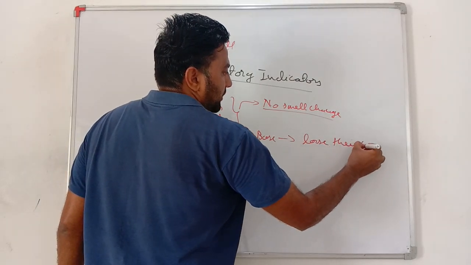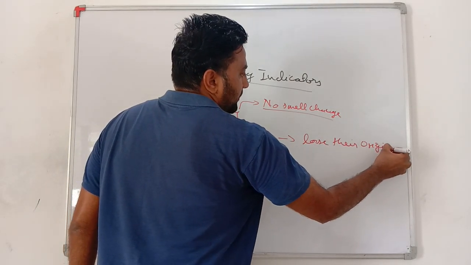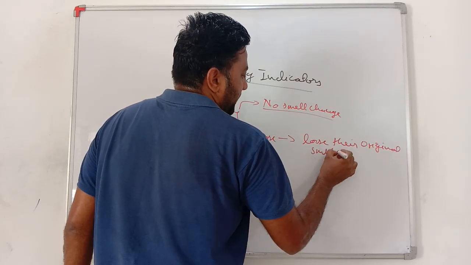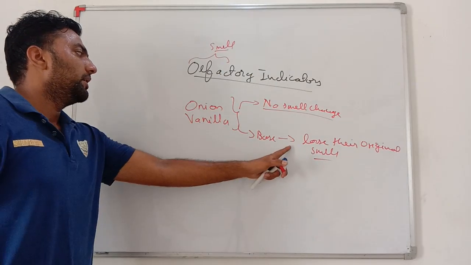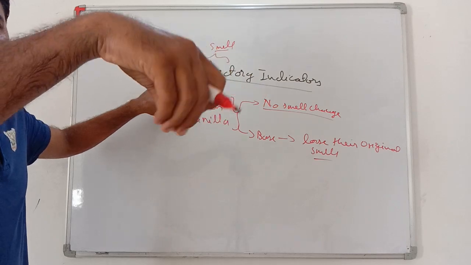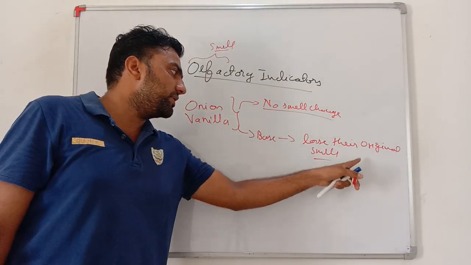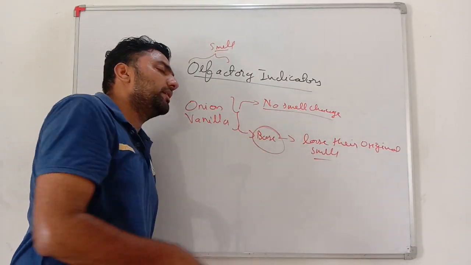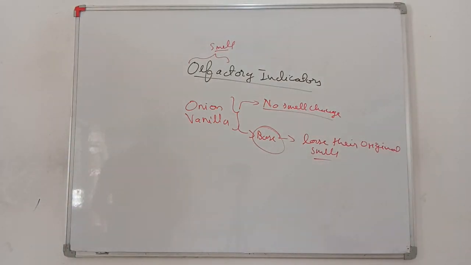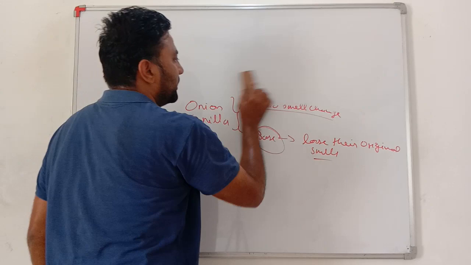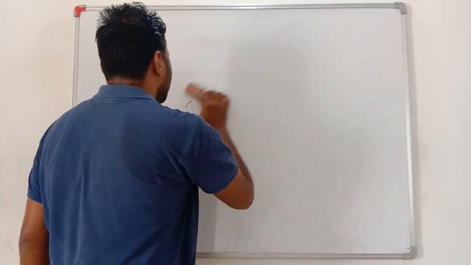And if onion and vanilla, when any material is put on them, lose their original smell, it means that material is base. Okay my dear student, in laboratory, more common synthetic or artificial man-made indicators are also being used.